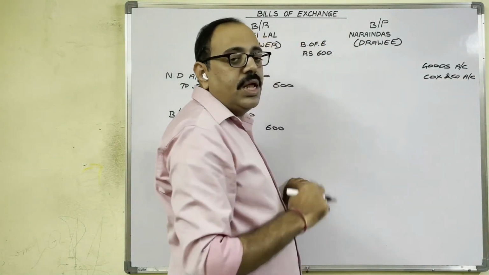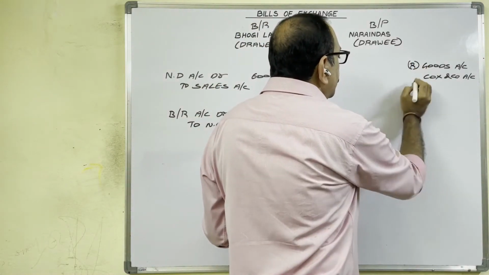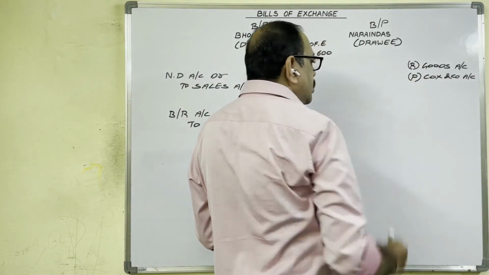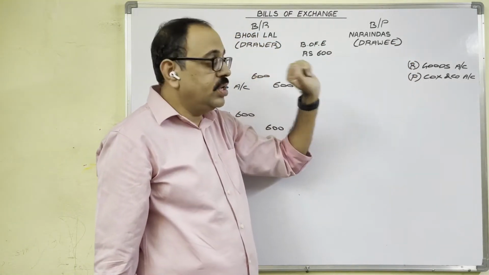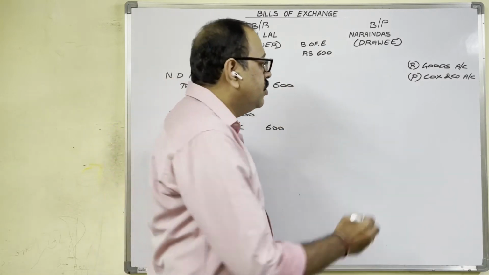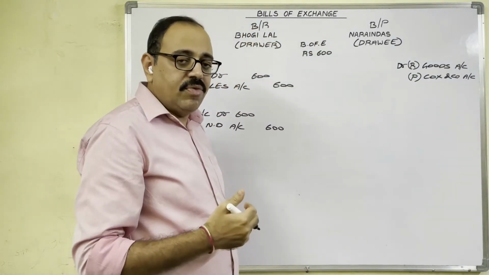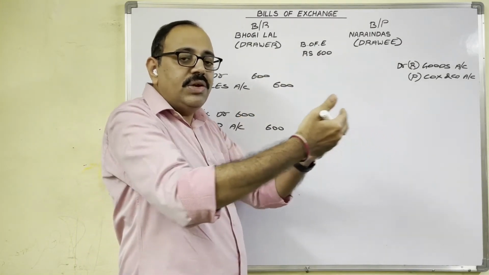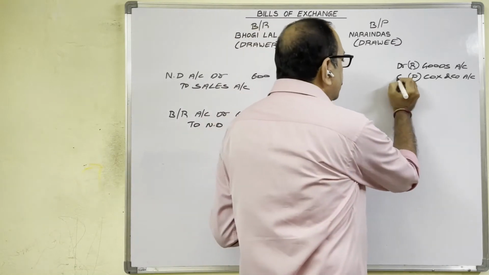Goods account is a real account, and Cox and Company, a firm's name, is a personal account. Real account rule: debit what comes in, credit what goes out. Goods are coming to us, so we should debit. Personal account rule: debit the receiver, credit the giver. Cox and Company is giving goods to us. They are givers, which means we should credit.